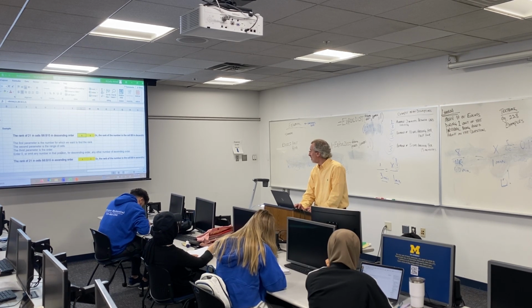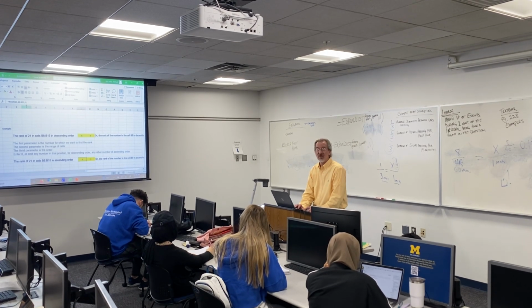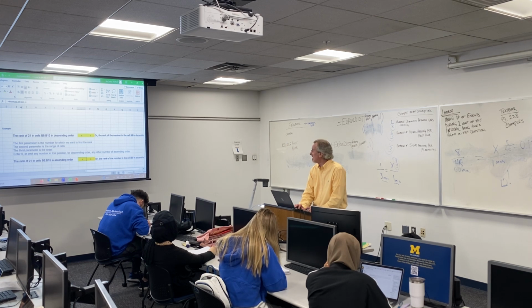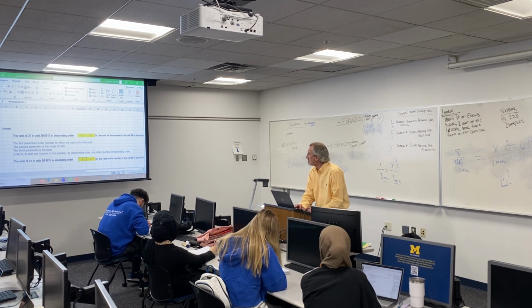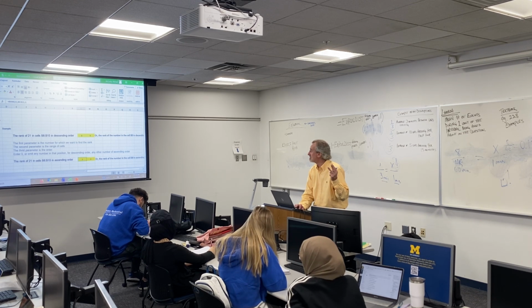So look down here, equals rank, parentheses, 21, comma, B8 dot dot B15, comma, 1. A 1 on the end means ascending order from smallest to largest, so 21 now is no longer the 6th number, it's the 3rd number. The smallest number is 12, the second smallest is 20, the 3rd smallest is 21.